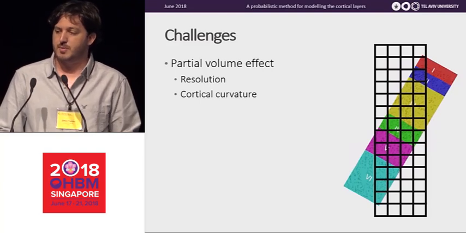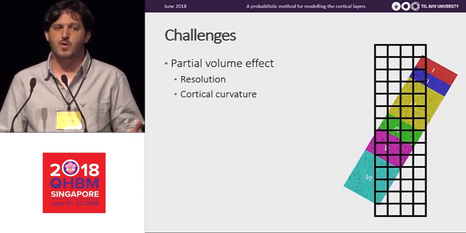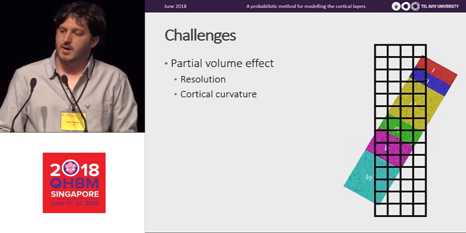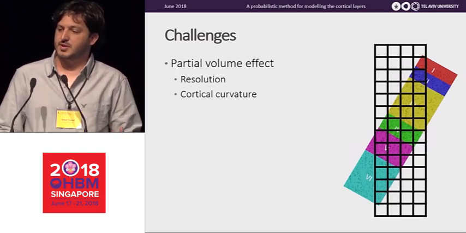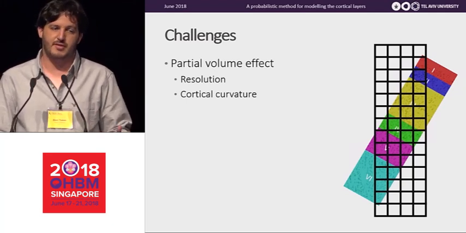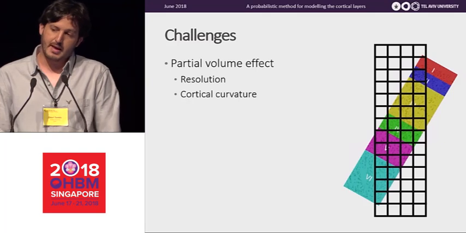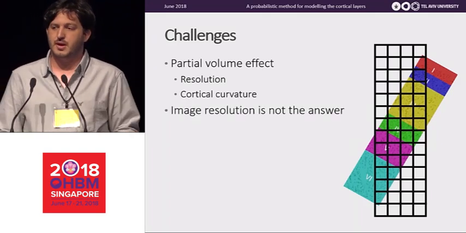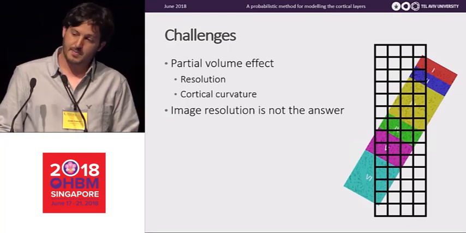By partial volume, I mean more than one layer inside the voxel. So this is an issue. You essentially need a much higher effective resolution to resolve it, so maybe increasing the image resolution is not the answer in this case.